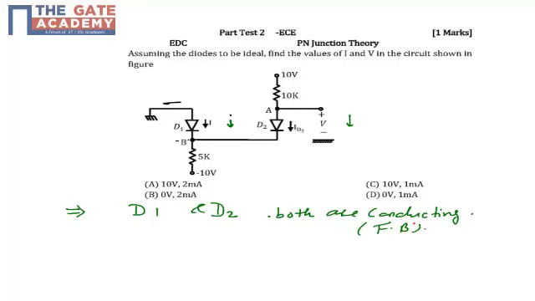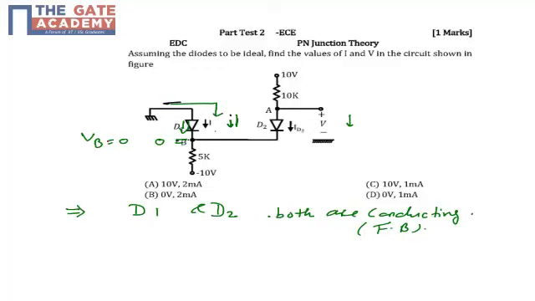So if diode D1 is conducting, it will behave like a short circuit wire and it will connect to the ground, because terminal B is connected to the ground via diode D1. So if diode D1 acts as a short circuit wire, then the potential of terminal B is 0. So my VB will be 0.